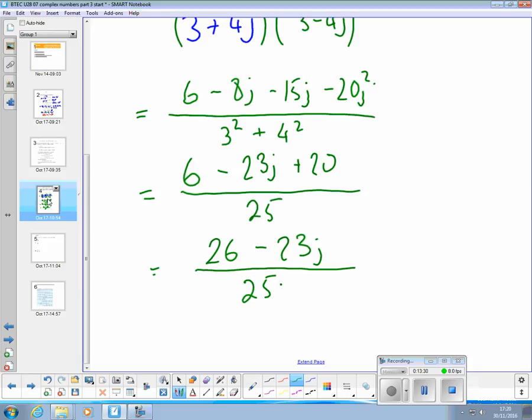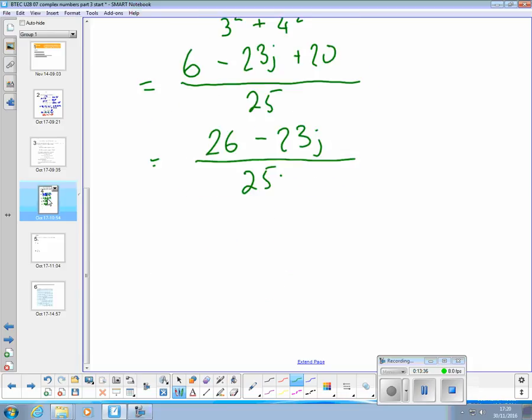Okay, you should really simplify. You can write that one of two ways. You can write it as 26 over 25 minus 23 over 25j, if you want to write it in fractions.